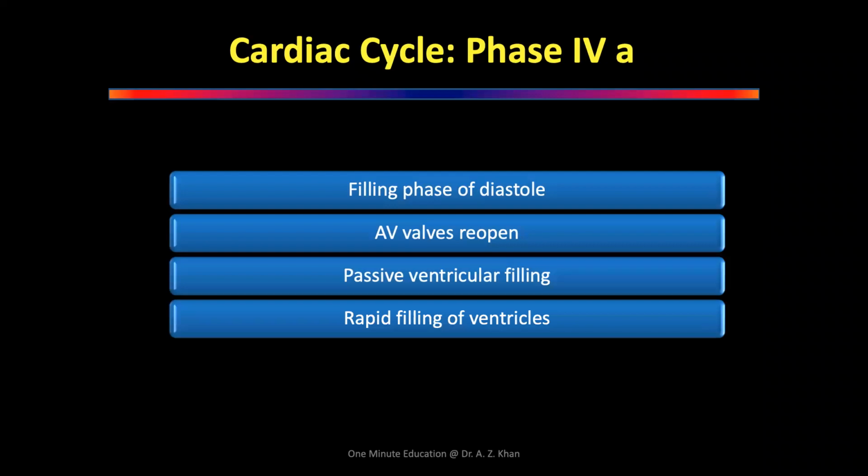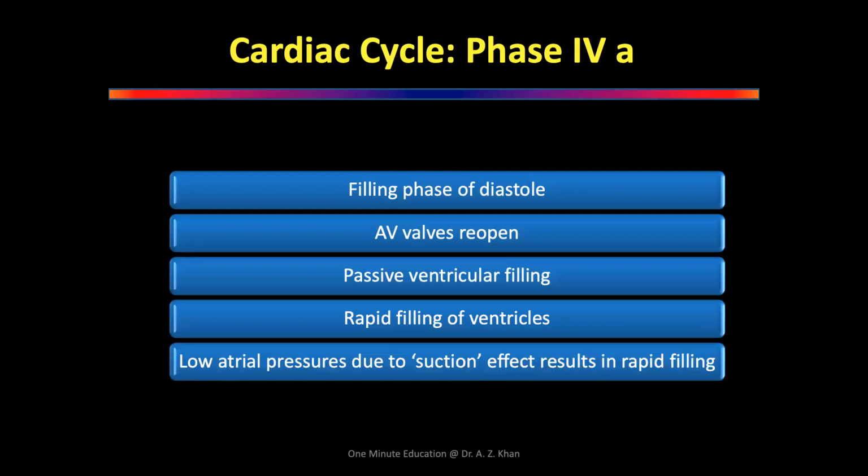The low atrial pressures due to suction effect result in a rapid filling. Okay, so the ventricle suddenly starts to relax, and then it overcomes the atrial pressure and then just sucks all the blood.